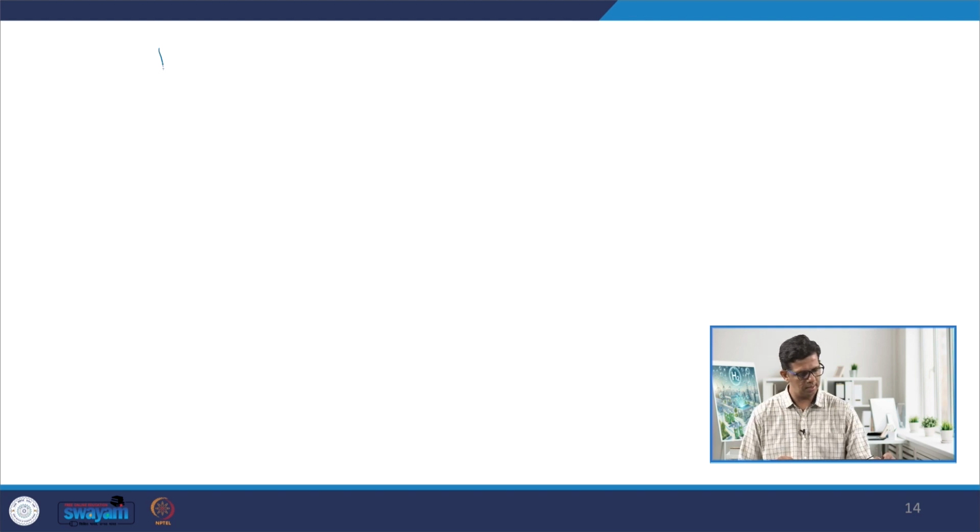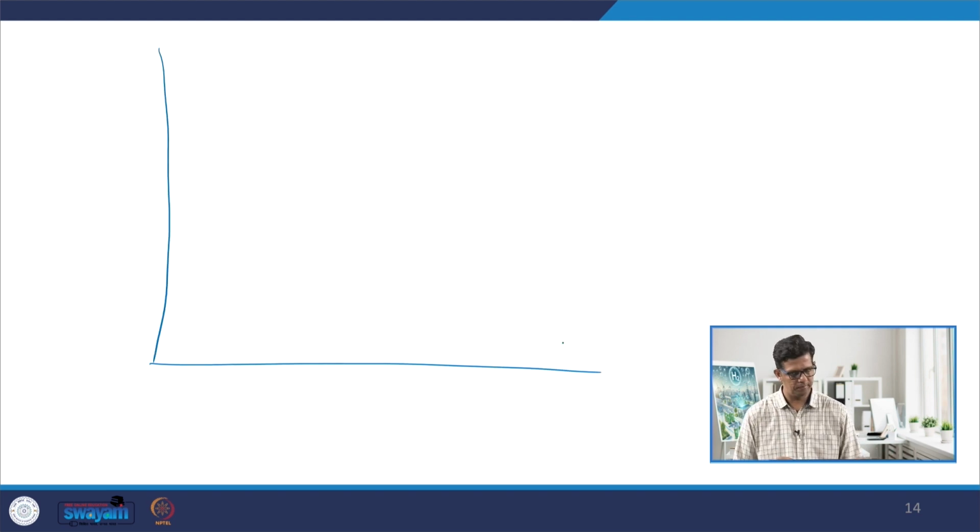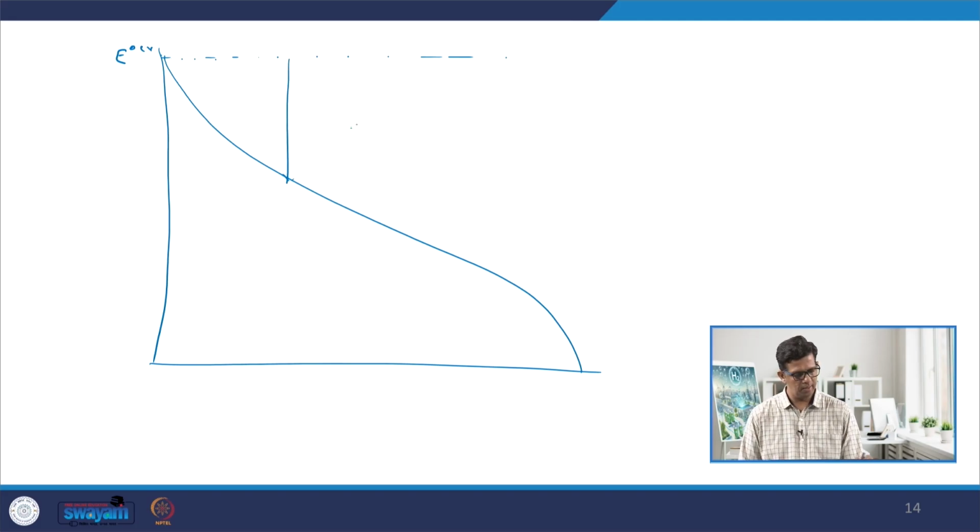So, let us draw this up. So, this is E OCV or the open circuit potential, and the reason why we get a curve like this is because at any instant of time we have all these three overpotentials. We need to add them up.